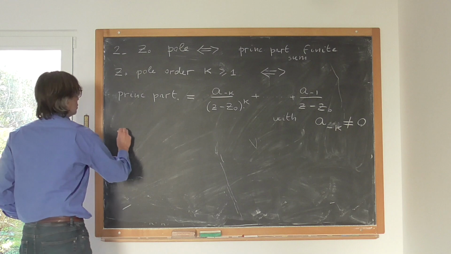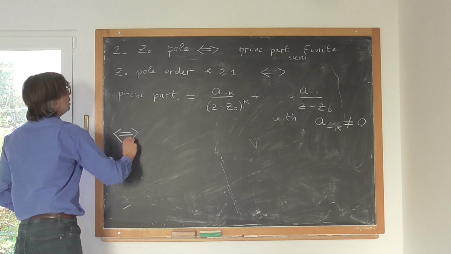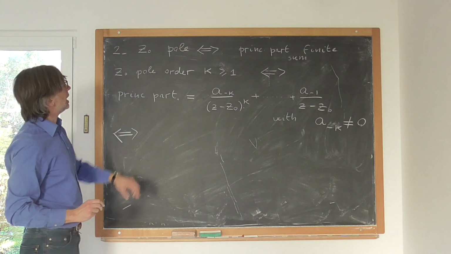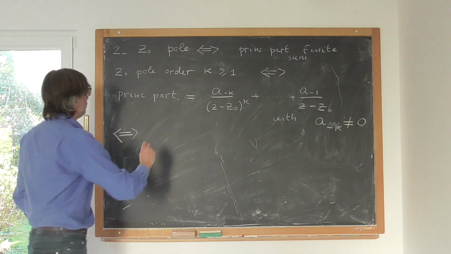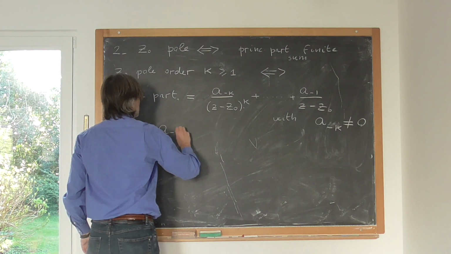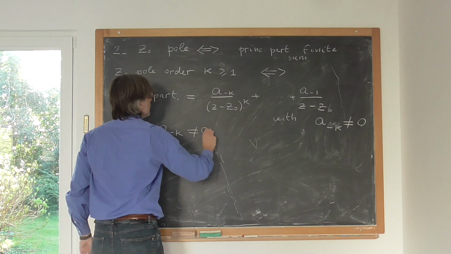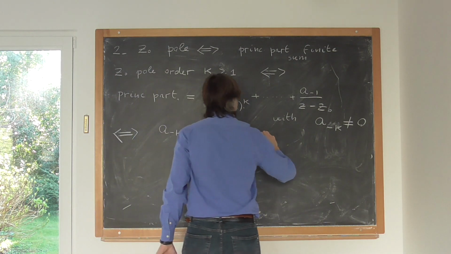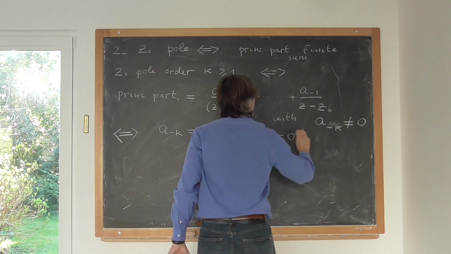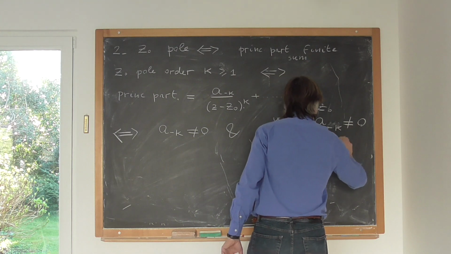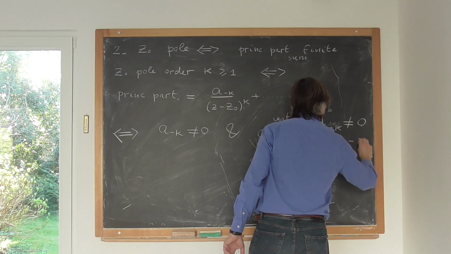So in other words, we can also rephrase it by saying z0 is a pole of order k if and only if a_{-k} is non-zero and a_n is 0 for all n strictly less than minus k.